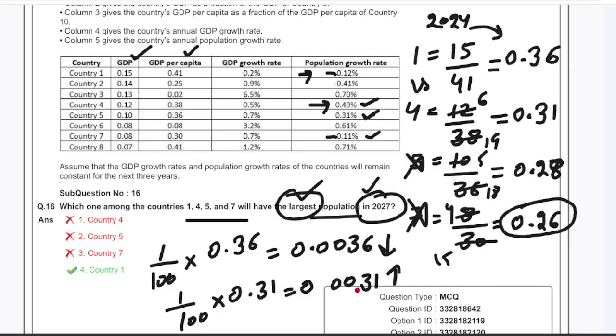So for country 4, there will be an increase of 0.031. That means again 0.31 something. Still country 1 is going to have the highest population. So that means the answer to this question is going to be country 1 straight away. Quite easy, doable. Again, for one who has a better hand in the calculations.